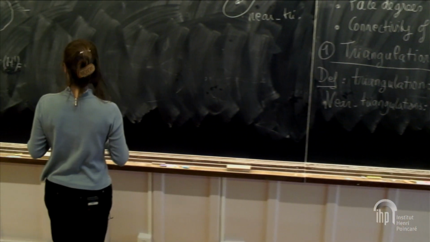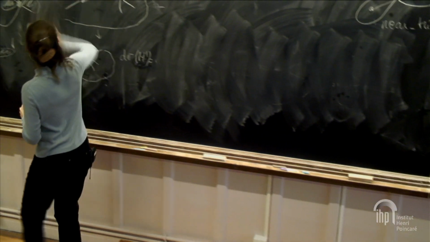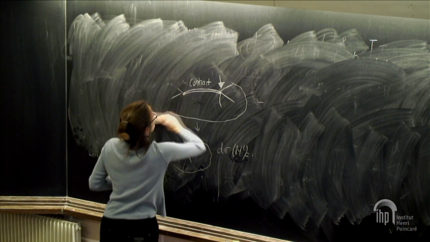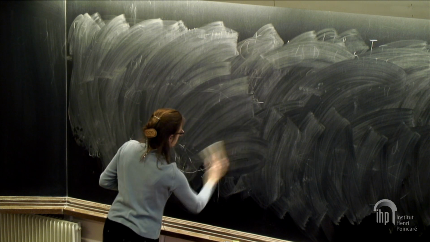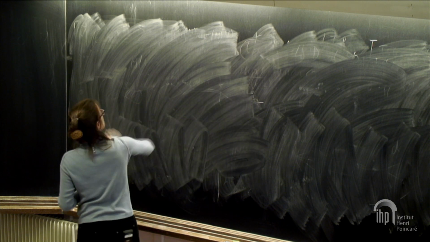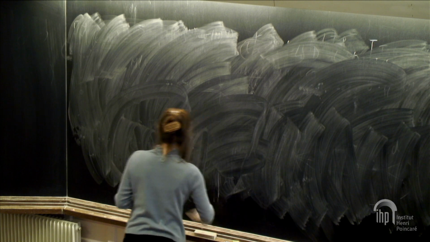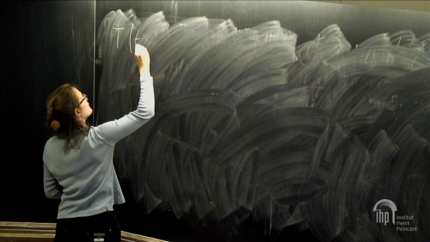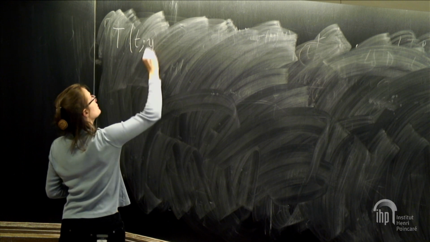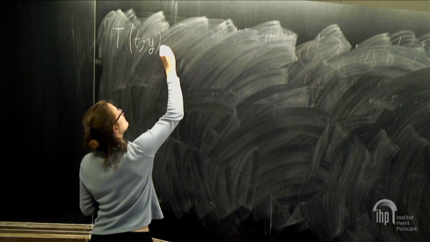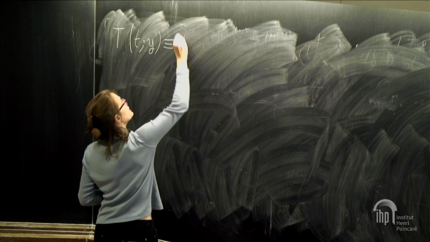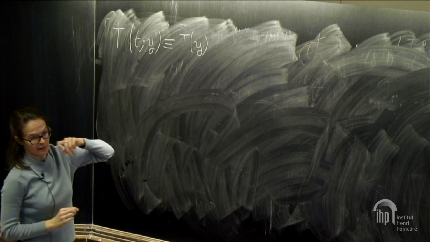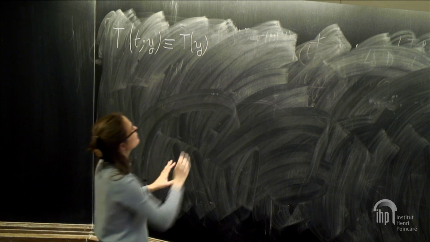Okay, so let's define a generating function for these near triangulations. Say T, counted by edge number and outer degree, which again I will denote simply T of y, ignoring the dependence in the main size variable.